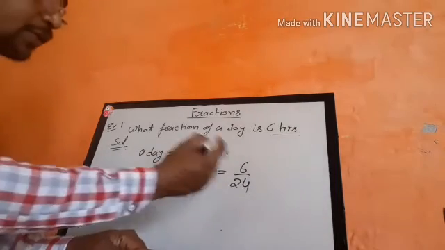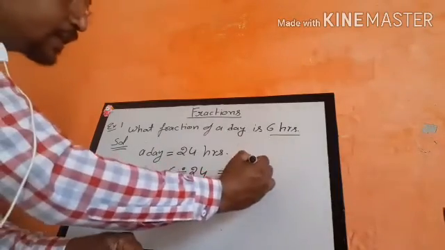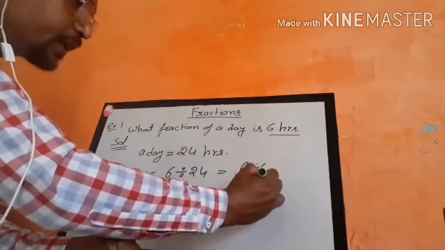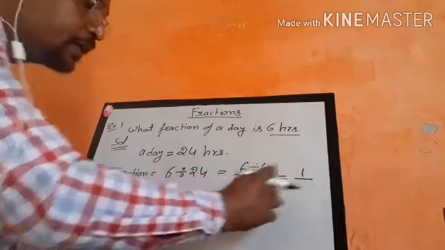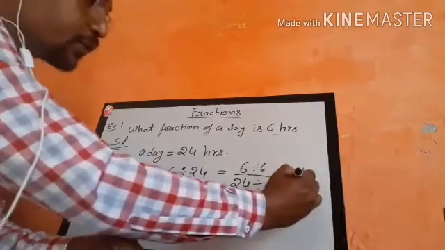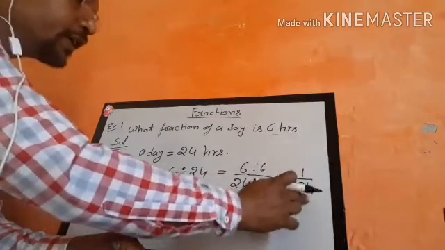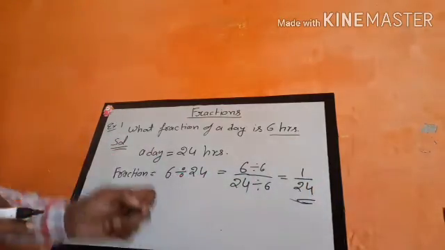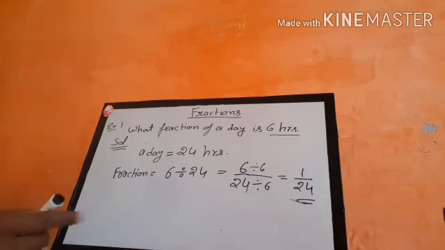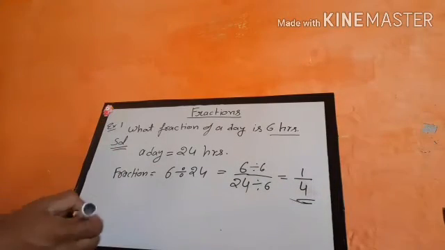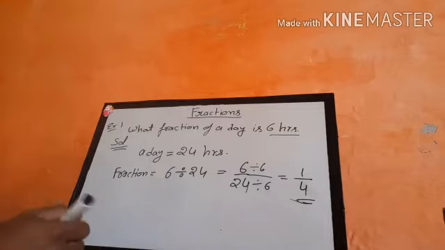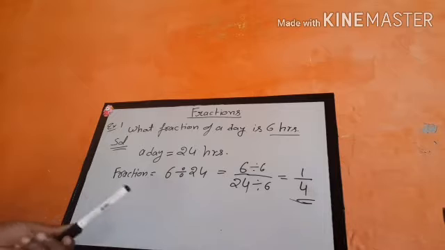Divide the numerator by 6 and divide the denominator also by 6. So 6 ones are 6 and 6 fours are 24. So here the answer is 1 upon 4. That is the fraction of a day that is 6 hours. So in this way you can solve this.